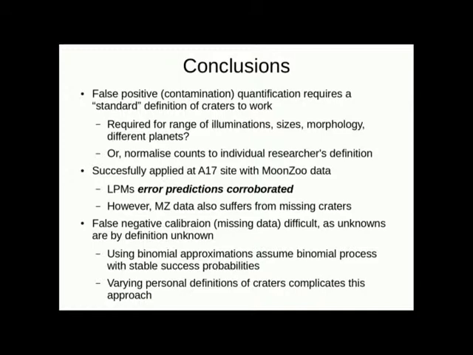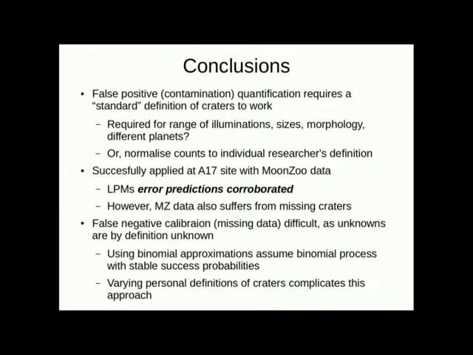So whilst that will mean that it's still difficult to compare different researchers' counts to one another, if you have a large data set, a contaminated data set, but is otherwise complete, individual researchers can normalize those data sets in line with their own definitions to make the third-party counts compatible with their own.